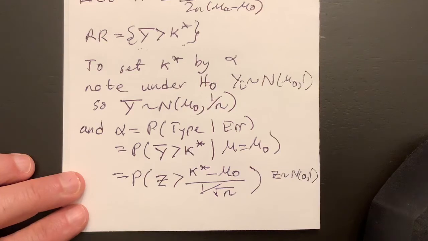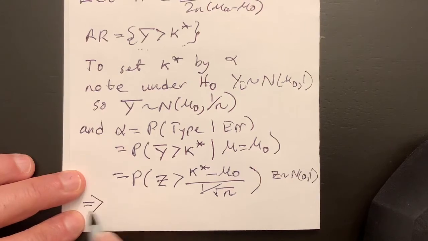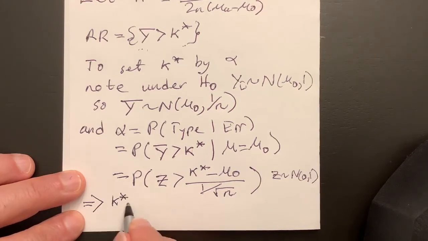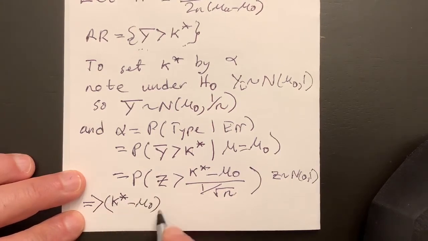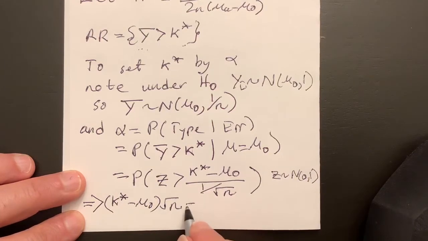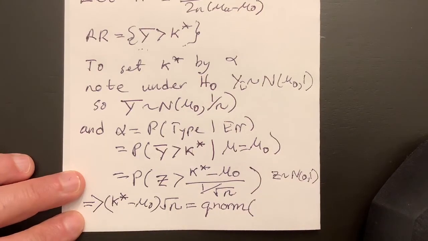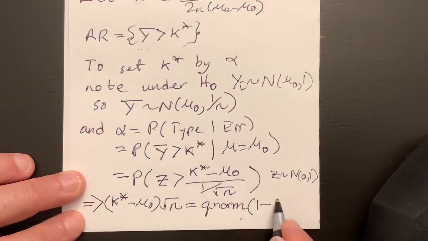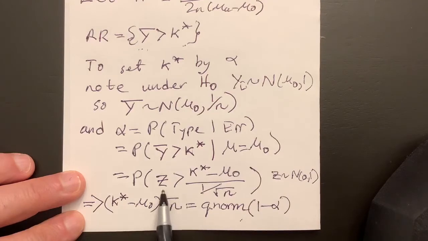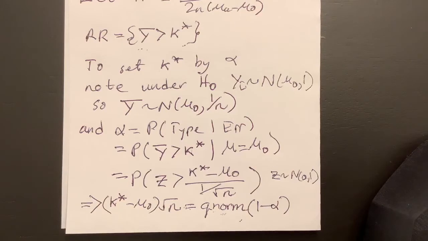Now, we want this to be alpha, so this implies that k star minus mu 0, times square root of n, should equal q norm, what? Well, that should be the 1 minus alpha quantile, right? Because I want the probability to the right of this to be alpha. Okay?